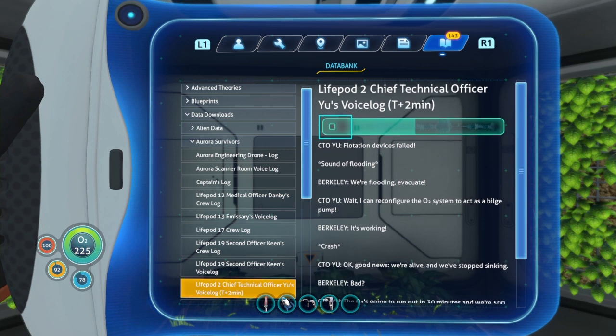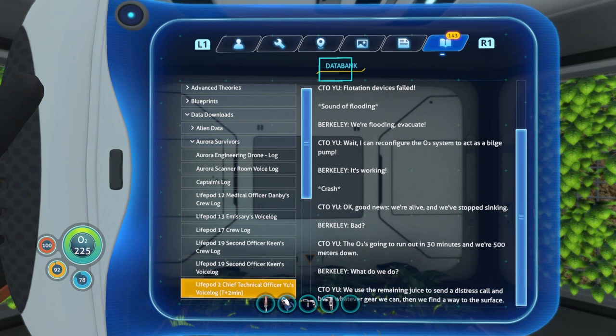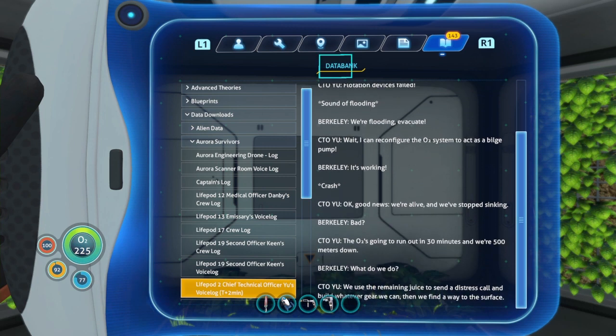It's working. Okay, good news. We're alive and we've stopped sinking. Bad? The oxygen's going to run out in 30 minutes and we're 500 meters down. What do we do? We'll have to use the remaining juice to send a distress call and build whatever gear we can. Then we find a way to the surface.